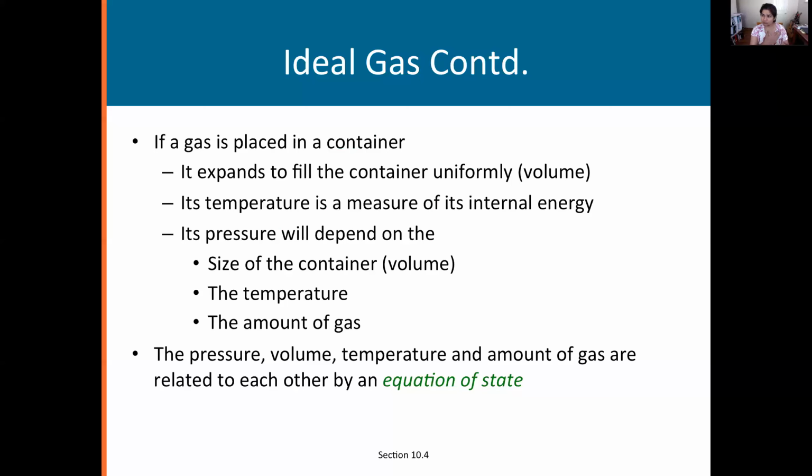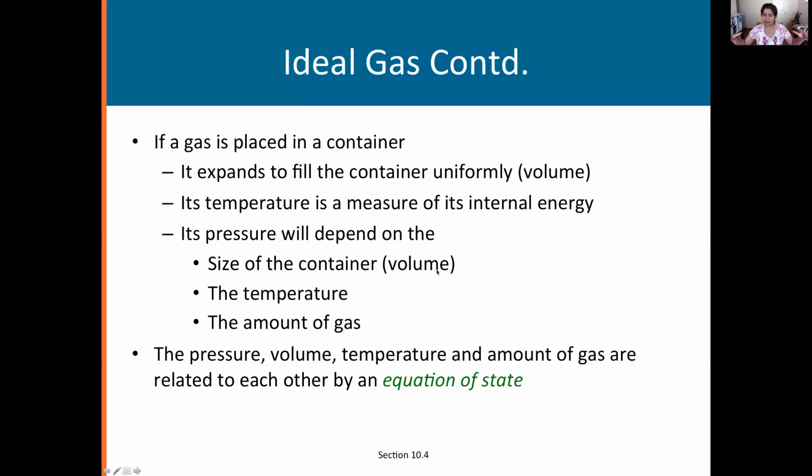That bouncing, that change in momentum creates a force, which per unit area is the pressure. Yeah? So the pressure on the walls is generated by these particles coming and hitting the wall and bouncing off it. So clearly it depends on the size of the container then, or the volume.